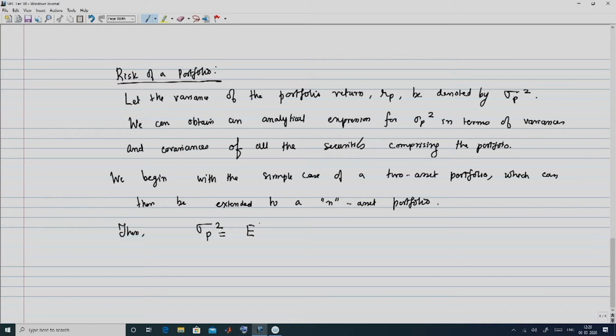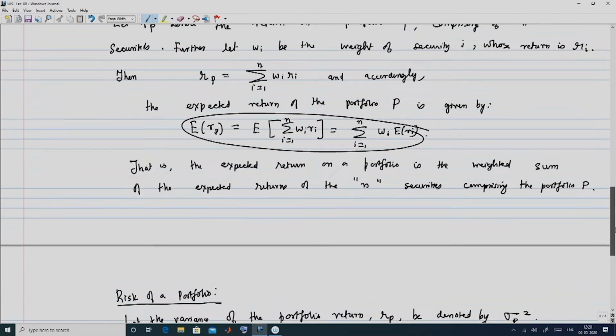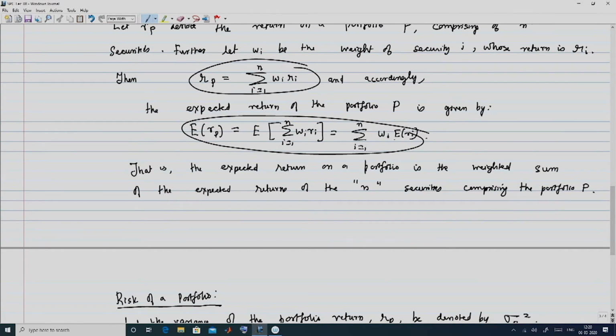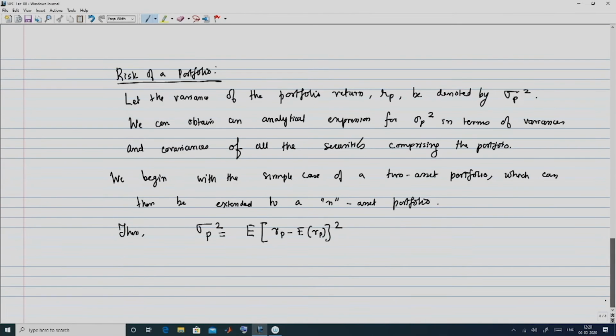By definition, this is going to be the expected value of R p minus E of R p, square. Now, we recall the form for R p and E of R p, and we substitute those here. So, accordingly we will get E of W 1 R 1 plus W 2 R 2 minus W 1 E of R 1 plus W 2 E of R 2, square.